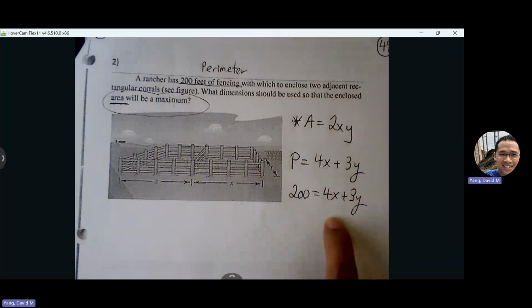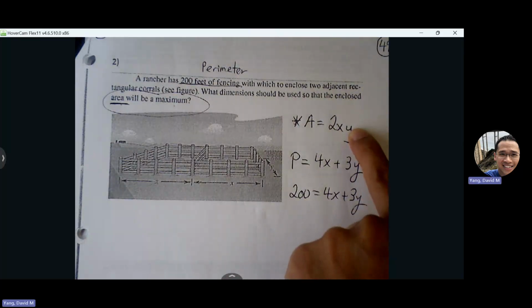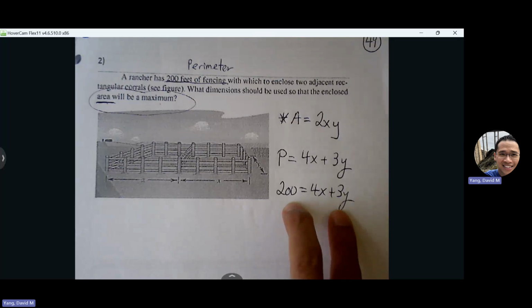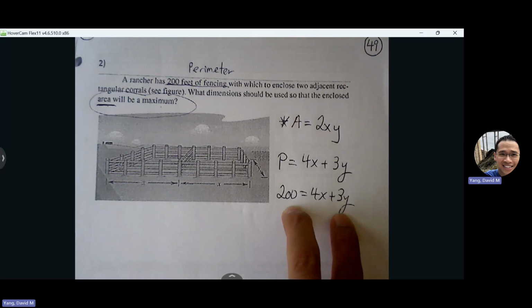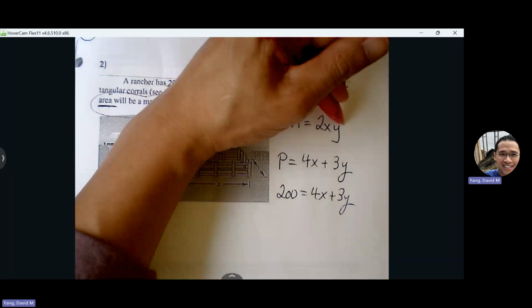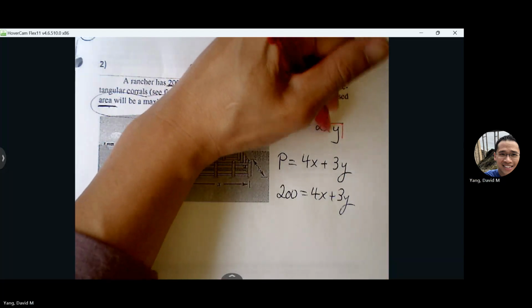So now we're just trying to get the area down to one variable. Is there one variable that's easier to solve for in the perimeter? Not really. You can solve for either variable, it doesn't matter. If I have to choose, typically I like to get everything in terms of x, but it really doesn't matter.